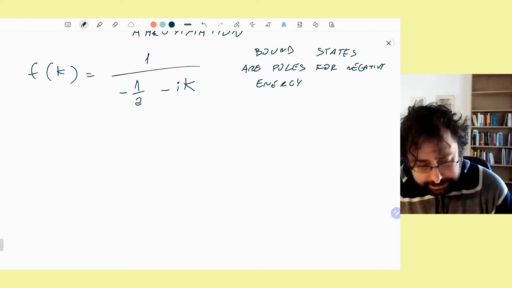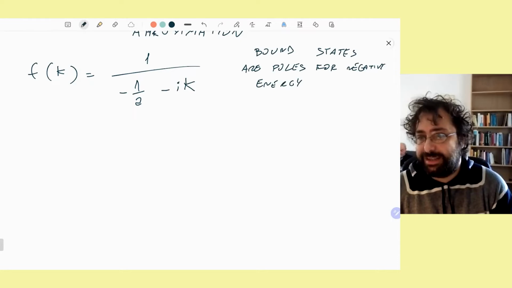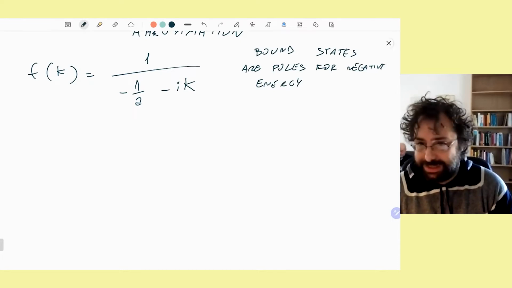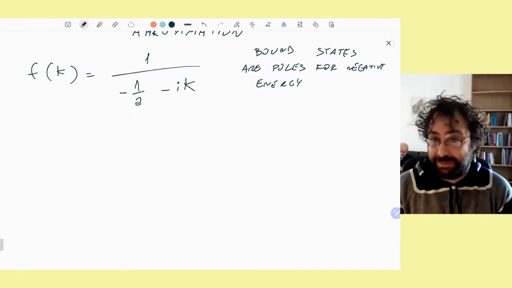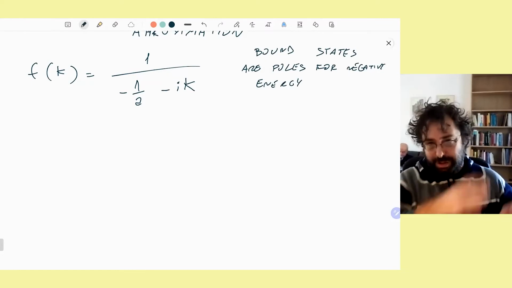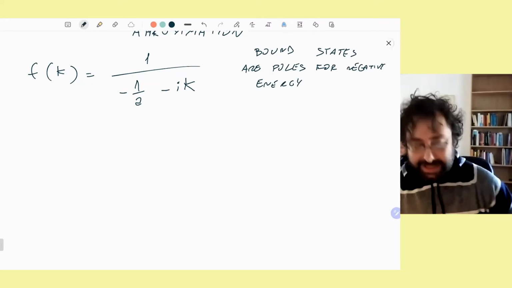What's the idea? Well, you know that states are related to poles in the propagator, right? And this scattering amplitude is also, in some sense, a sort of propagator, because it knows about the propagation of the intermediate states in the scattering.